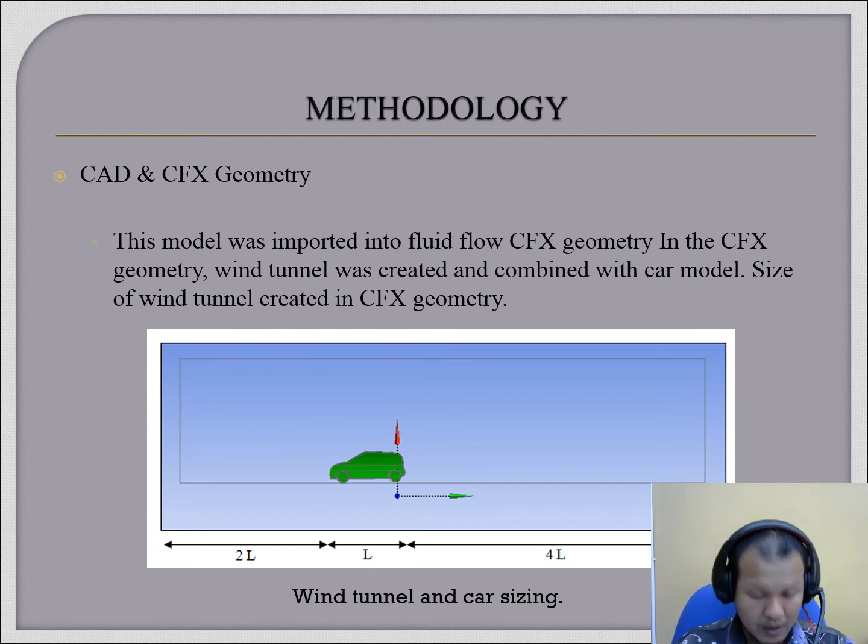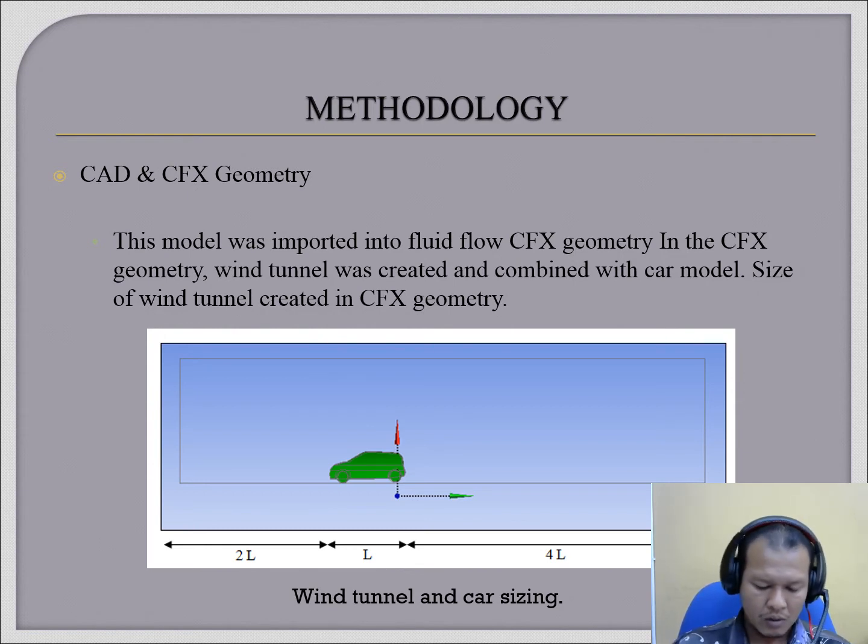Next, I continue my methodology. After we finished this model, it was imported into the Fluid Flow CFX geometry. In the CFX geometry, a wind tunnel was created and combined with the car model. The CFX geometry is used to do the meshing process.